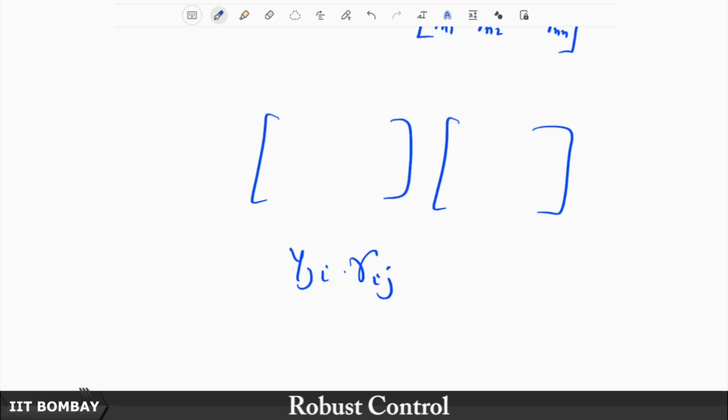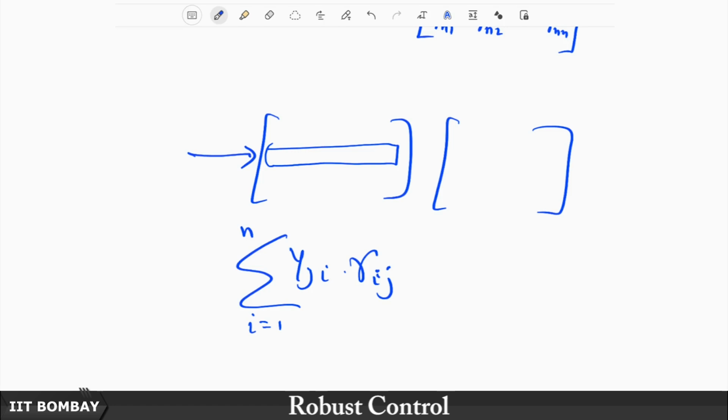Gamma ij is nothing but the ijth entry of the X matrix, right, and you sum over i. That means you are taking the jth row of Y here, and you are taking the jth column. So, this is my Y matrix, this is my X matrix, or rather you can call it Y star, whatever you like.